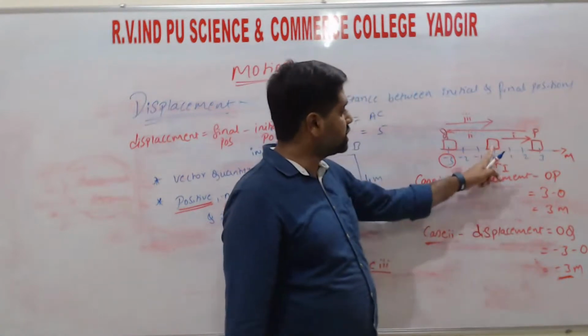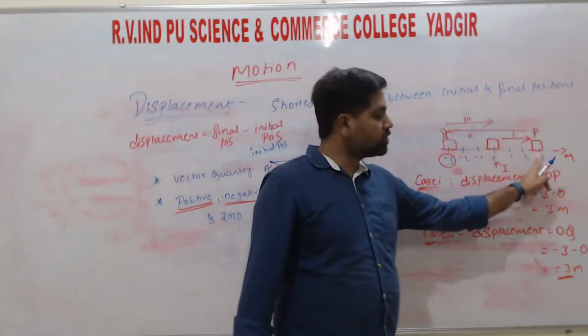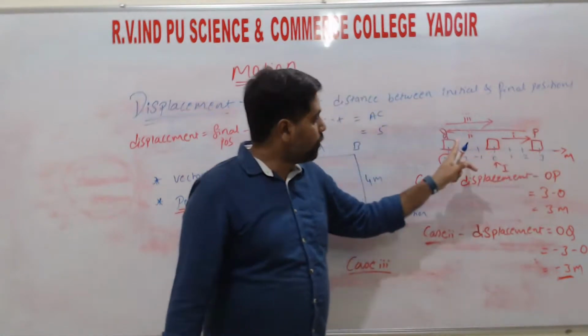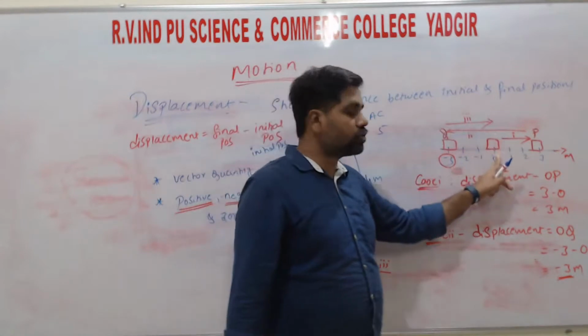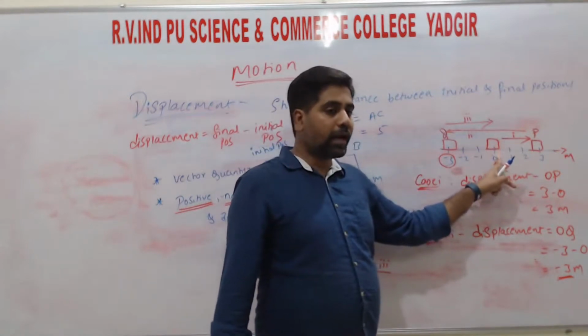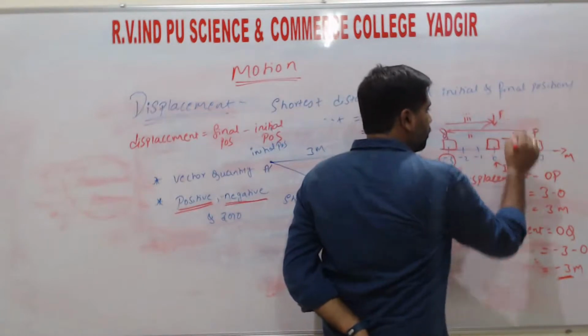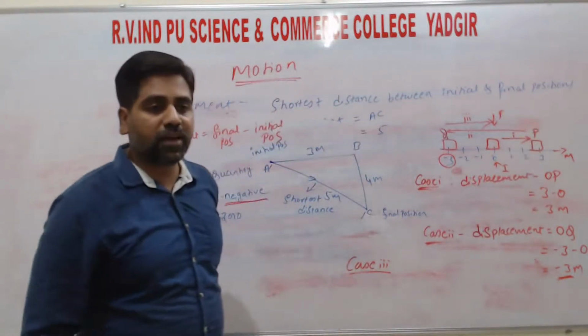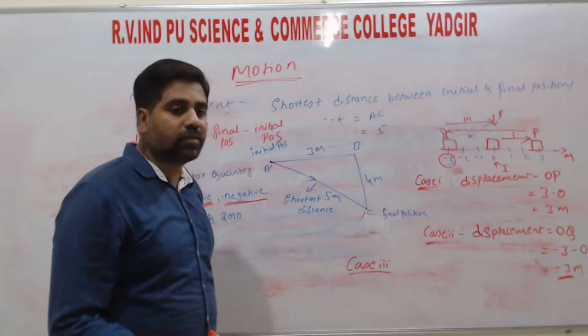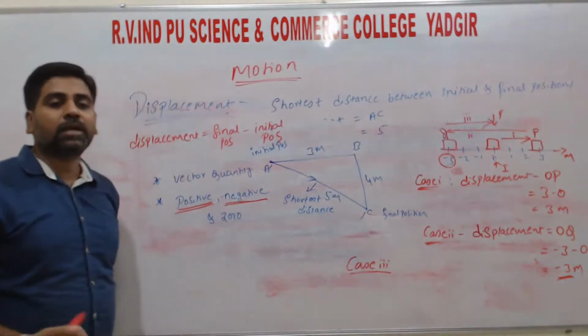So in the third case it starts from O, it travels towards P and then to Q, and again it comes back to O, right? That means the initial position and the final position are both at O itself. That means the initial position is 0 and the final position is 0.